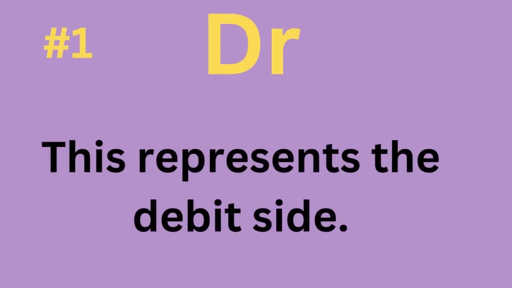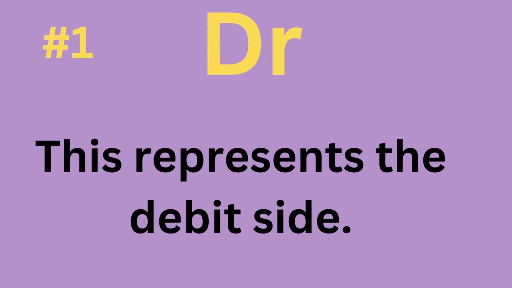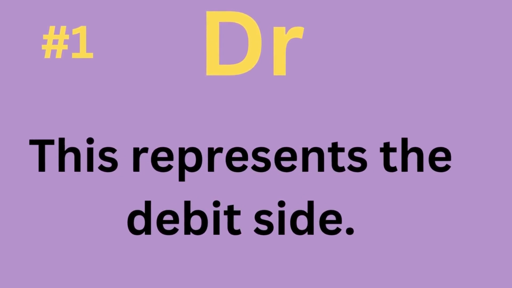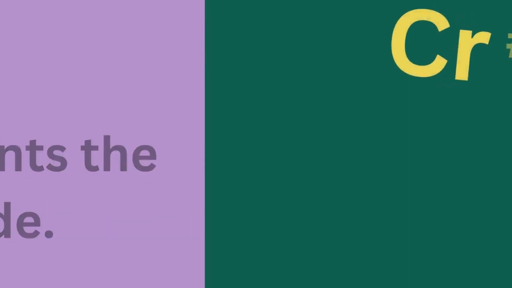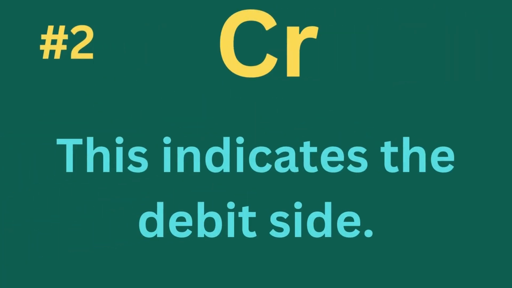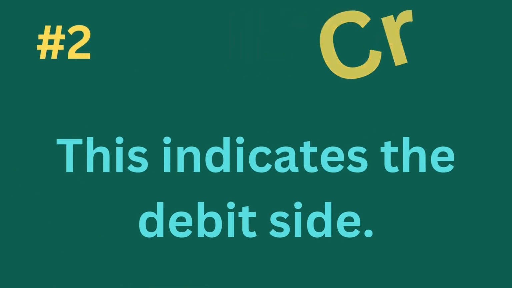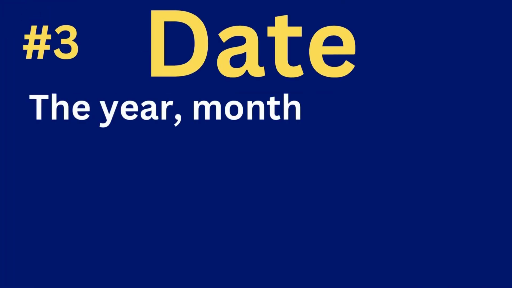Now, let's move to the general terminologies of a cash book. Number 1. DR. This represents the debit side of the cash book. 2. The credit side is indicated with CR. Number 3.